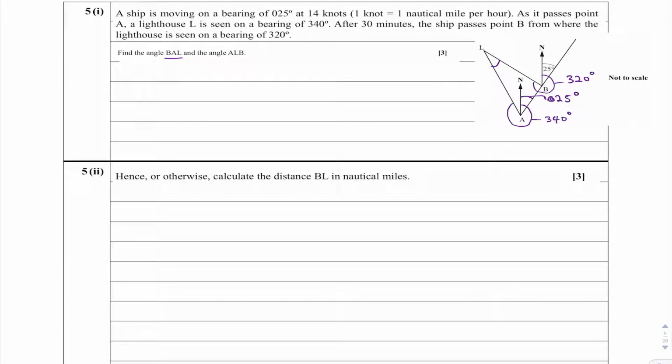To find angle BAL, if that goes from 340, take away 340 from 360, I get that angle there to be 20, because 360 minus 340 is 20. So that angle is 20 degrees.